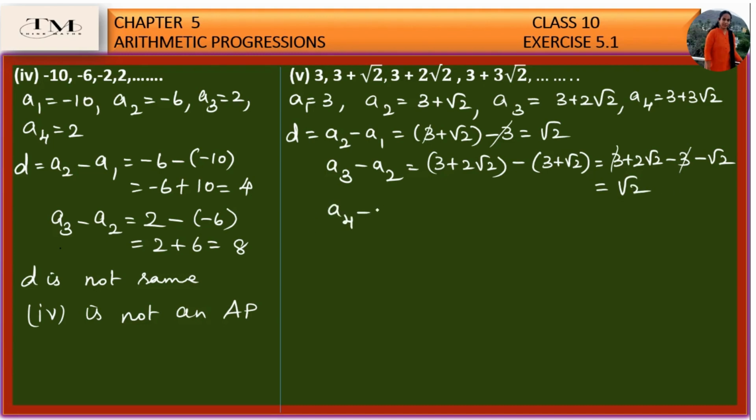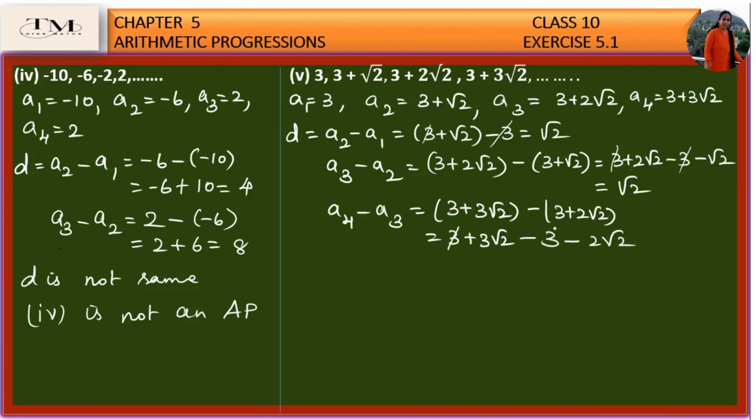Next A4 minus A3, which is equal to, what is A4? It is 3 plus 3 root 2 minus A3 is 3 plus 2 root 2. So which is equal to 3 plus 3 root 2, minus into this one minus 3, minus into plus is minus 2 root 2.